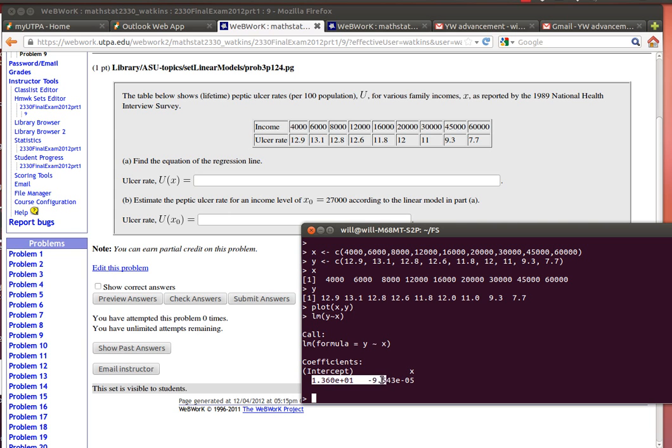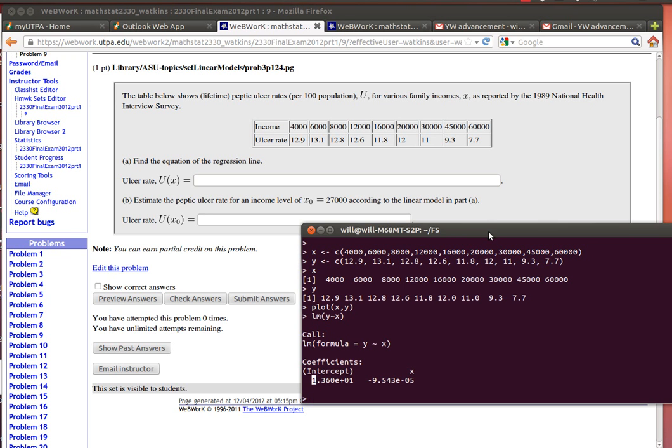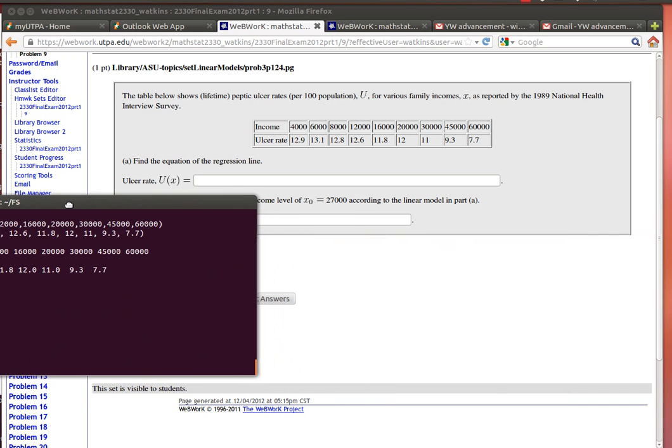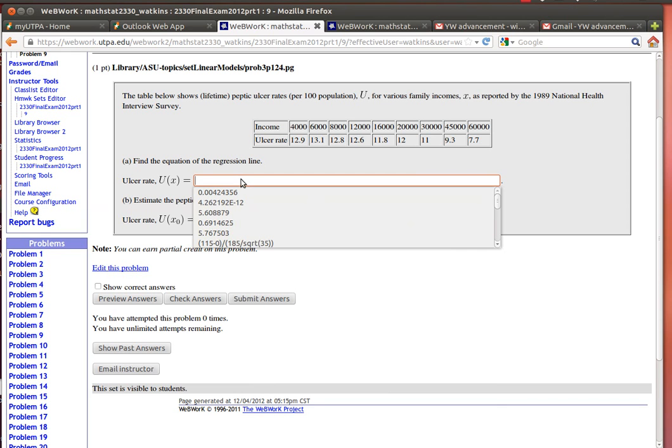So I'll just type that in here. Let me rearrange this way. I'll put it off here to the side of my screen. You can't see it there, but I can.